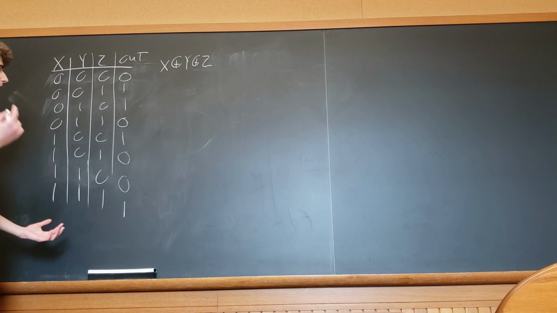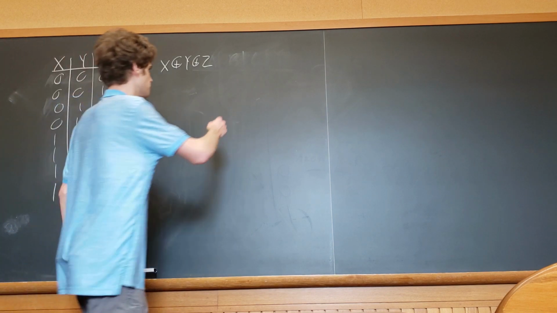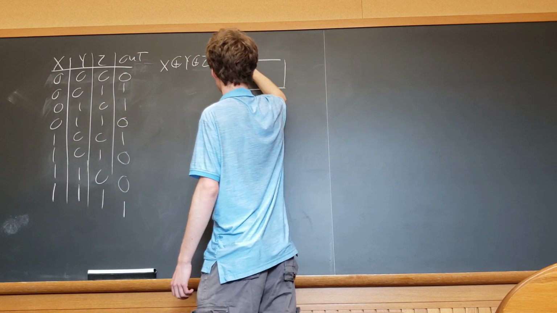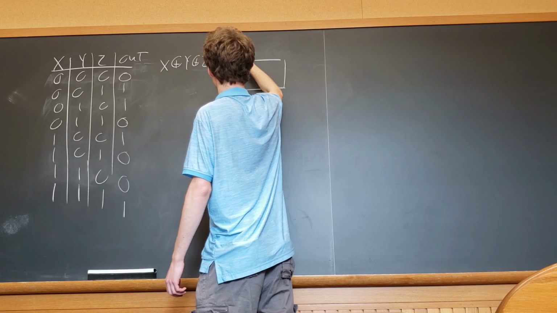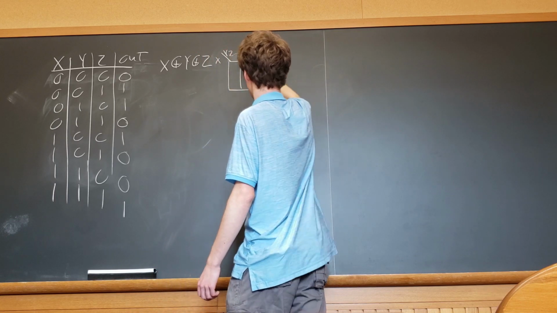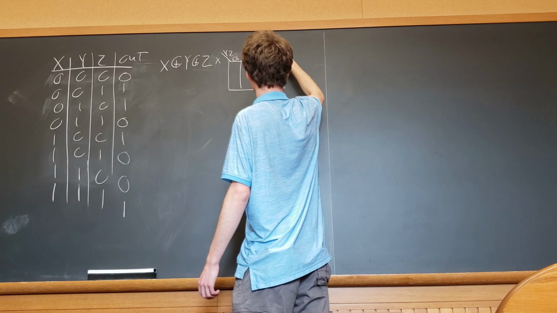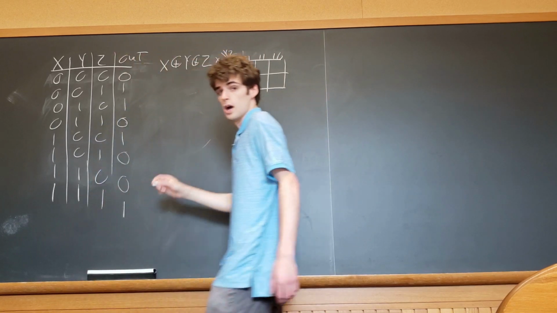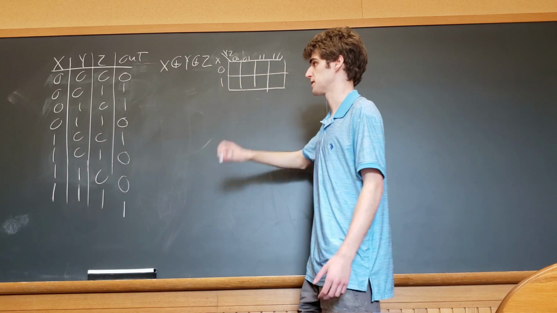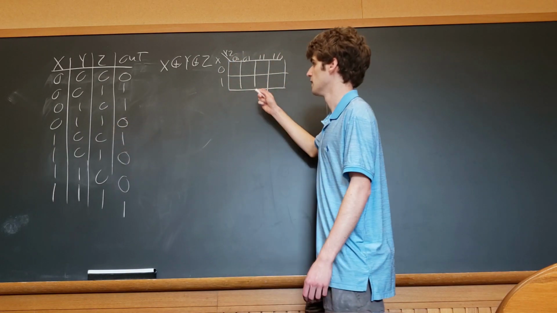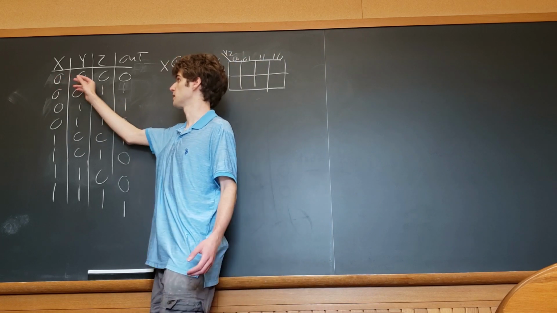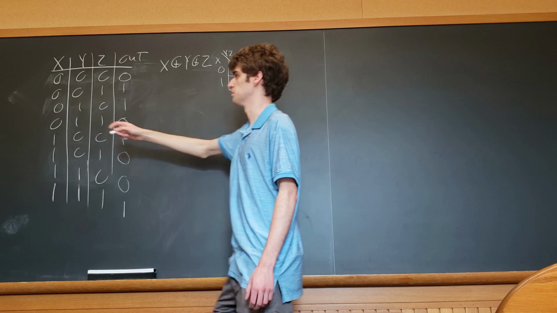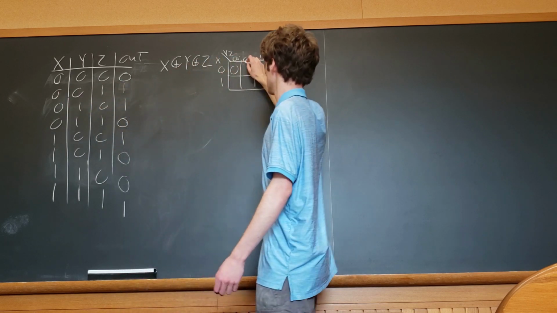And let's now create the Kmap for this. Transcribing our truth table to the Kmap, we see this first row, 0, 0, 0, output 0, so this is a 0. 0, 0, 1, this is a 1.